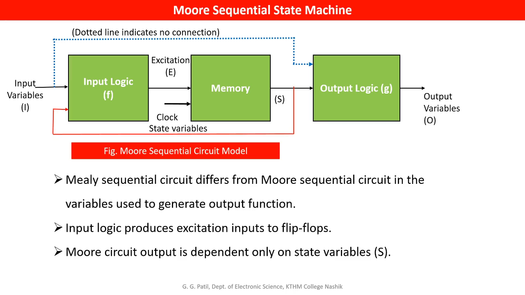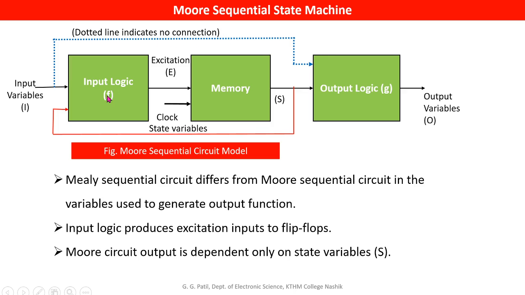Okay. The next is Moore sequential state machine. This is another type of sequential machine. The basic difference in a Mealy and Moore sequential state machine is only of one connection. Here it is shown by a dotted line. Dotted line indicates no connection.